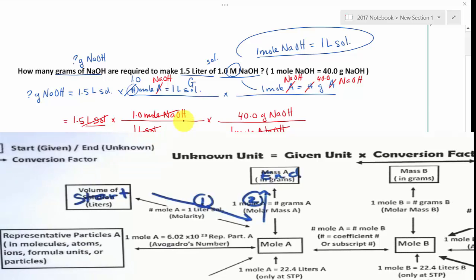But we can ignore the 1. So 1.5 times 40.0 gives us 60.0 grams of NaOH. So to make 1.5 liters of 1 molarity NaOH, we need exactly 60 grams of NaOH, adding into 1.5 liters of water. Isn't that easy?